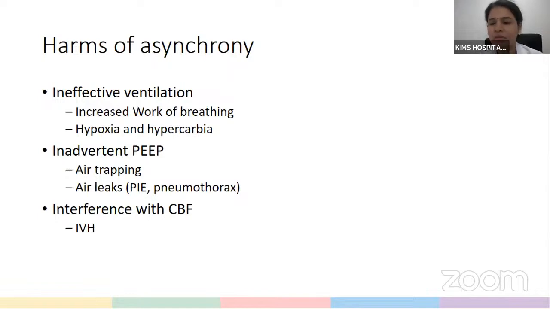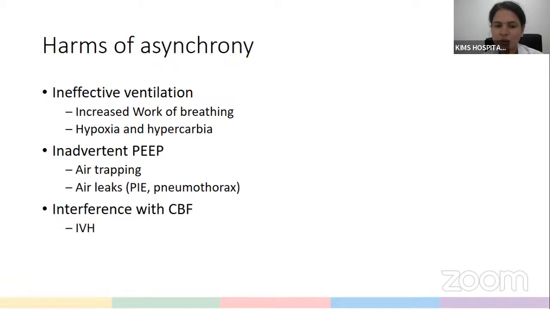It can lead to ineffective gas exchange and ineffective ventilation, which can lead to increased work of breathing and risk of hypoxemia and hypercarbia. It can also lead to the generation of auto PEEP or inadvertent PEEP when the baby tries to exhale while the ventilator is still trying to deliver inspiration.